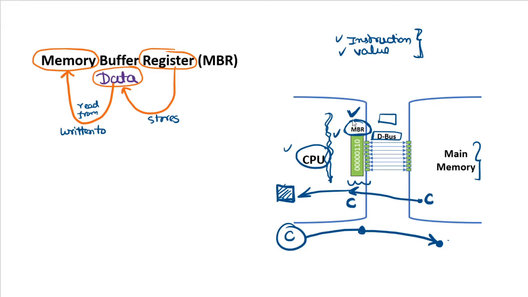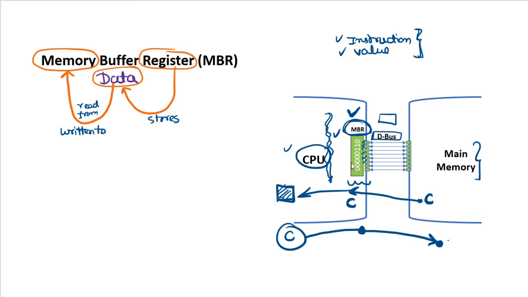It sends that content to the memory buffer register, and the memory buffer register puts that content on the data bus. So the MBR is also directly connected to the data pins. We already saw that here, right? MBR is directly connected to the pins, and these pins are data pins.